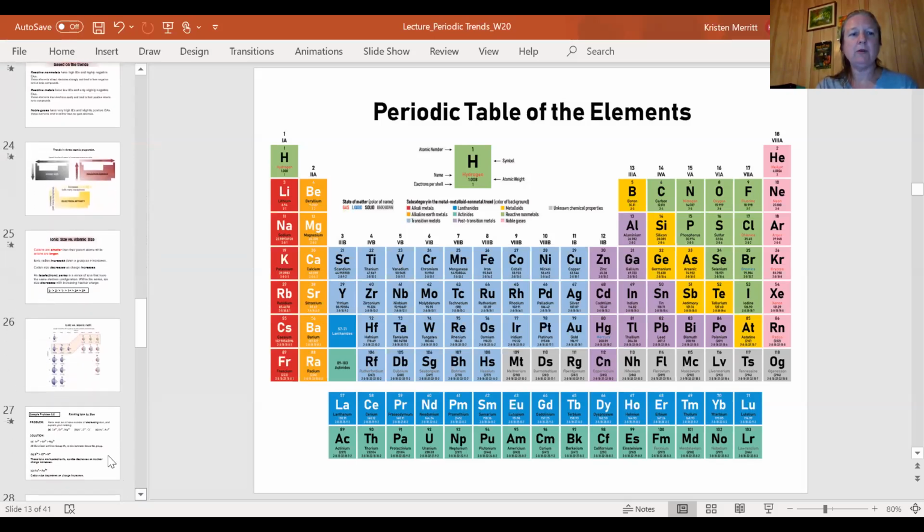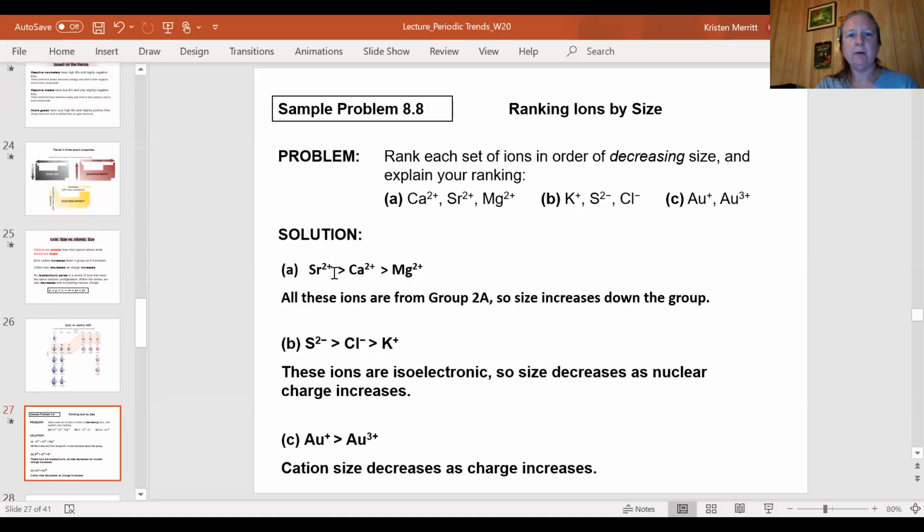And they all lost 2 electrons. But strontium has more protons, doesn't it? But magnesium started out smaller to begin with.